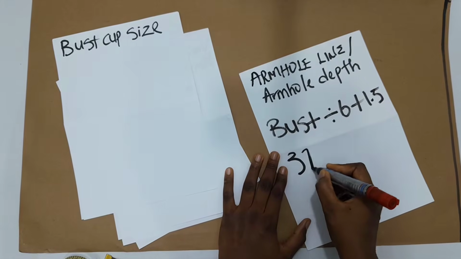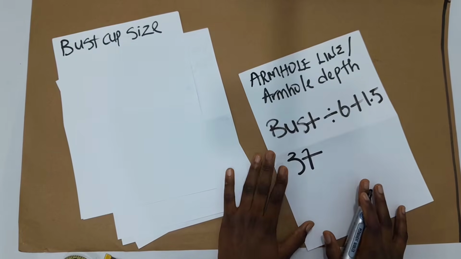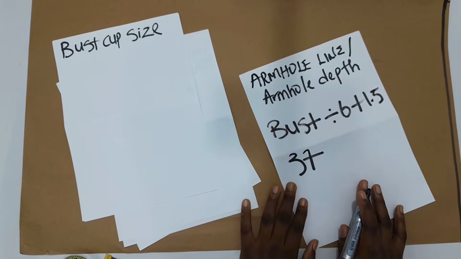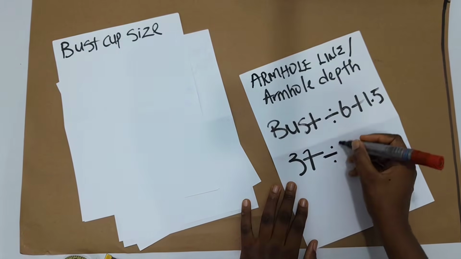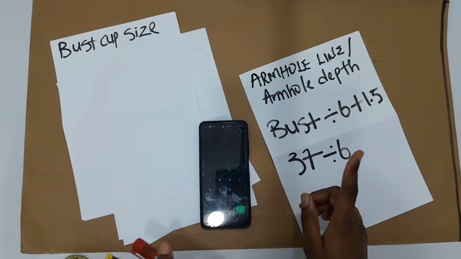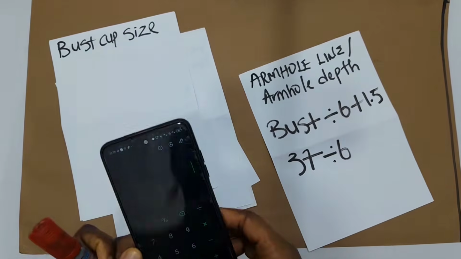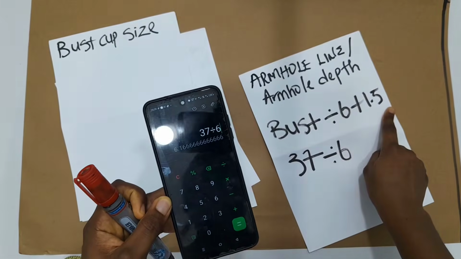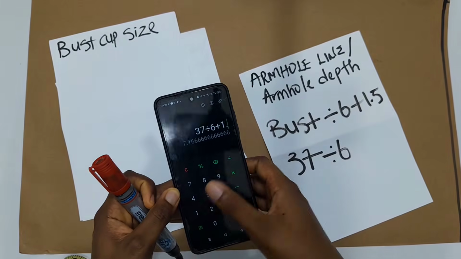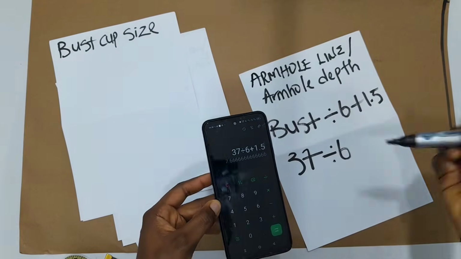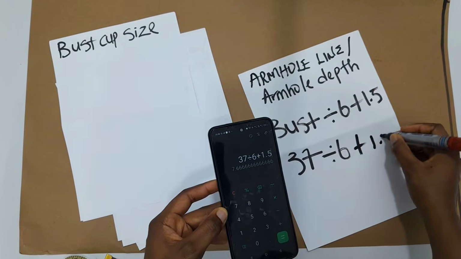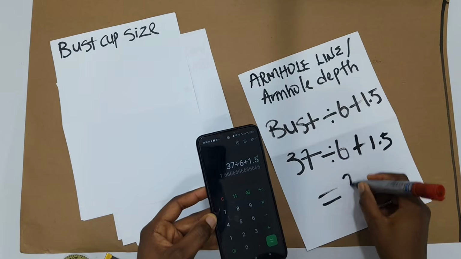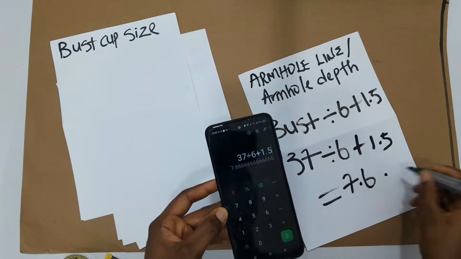Sometimes I like to use 36, sometimes I like to use 37, but 37 gives me better ease. So I'm going to be dividing 37 by 6. Then I'm going to add 1.5 inches to it. And what I have here is 7.6 inches.